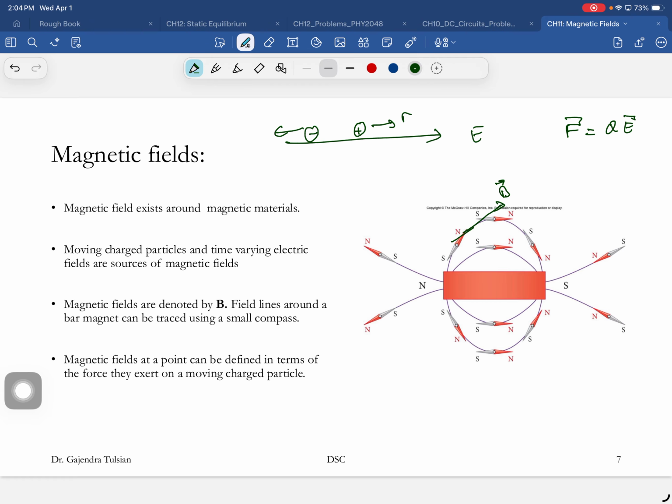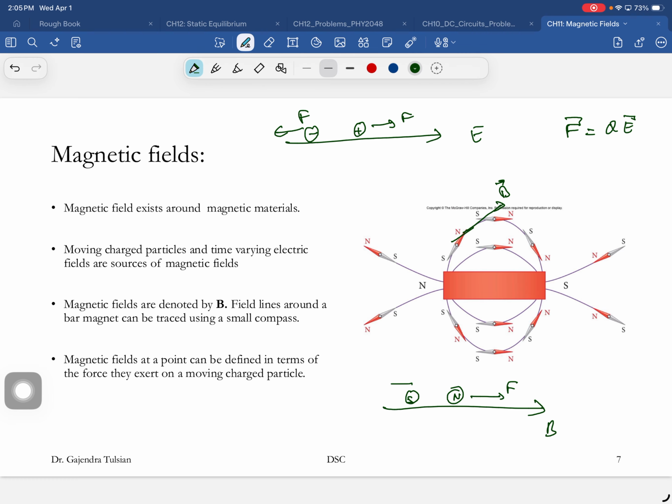Let's look at what the units are. What are the units for force? Newtons. What are the units for charge? Coulombs. What are the units for velocity? Meters per second. So the units for magnetic fields are force over QV: Newton over Coulomb times meters per second.